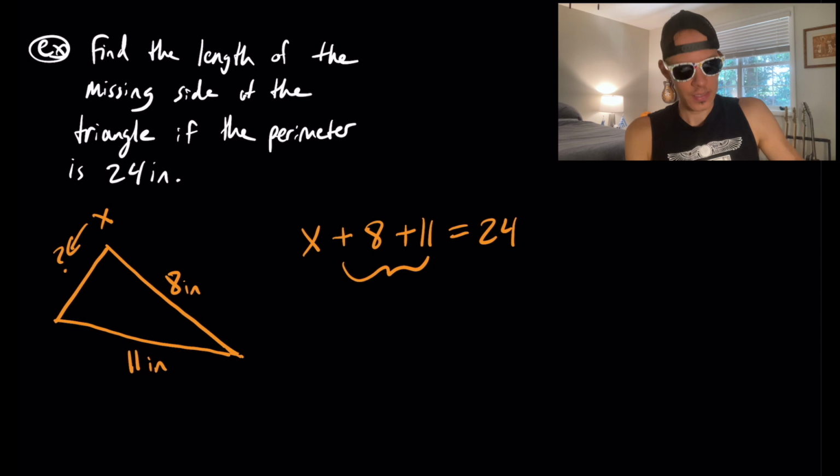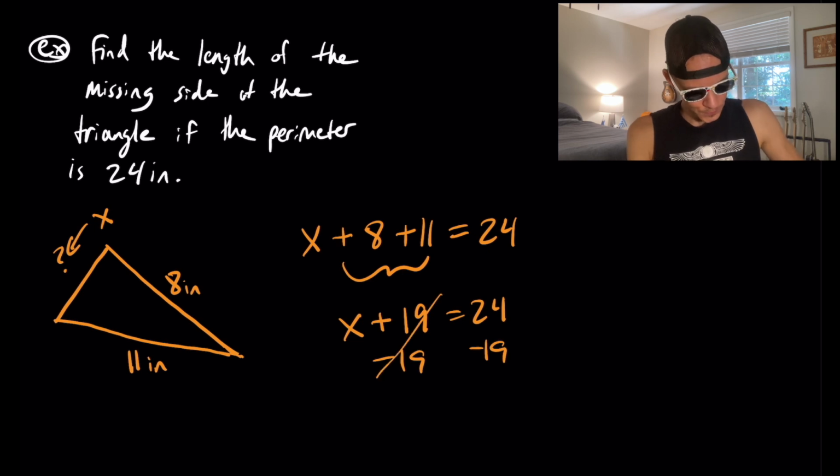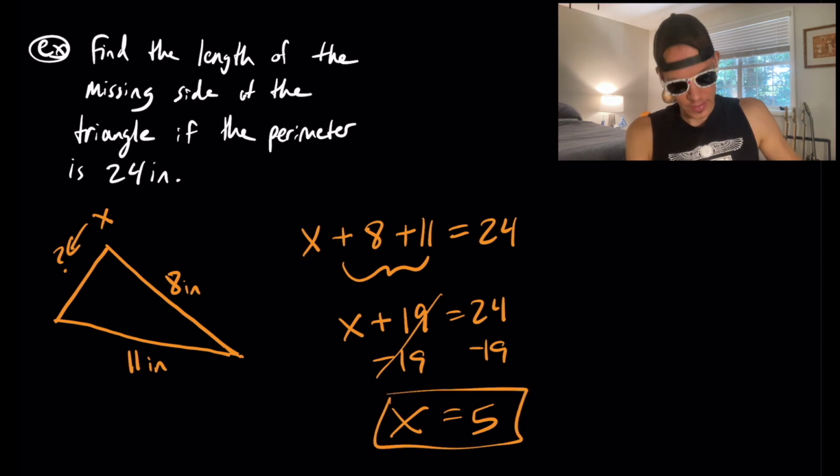Again, combine these like terms first. So 8 plus 11 is 19. So x plus 19 equals 24. I'll subtract 19 from both sides and get x is equal to 5. So 5 inches is the length of the missing side.